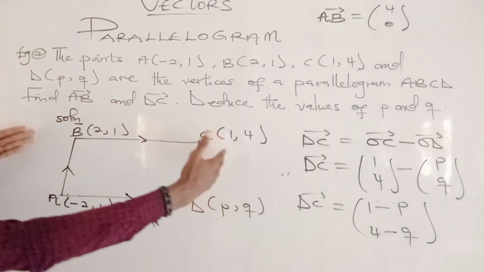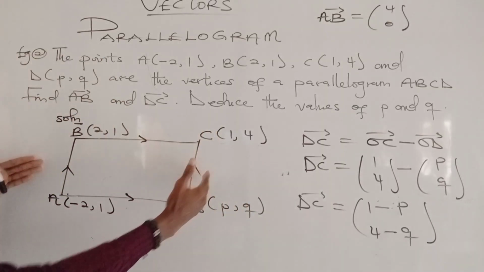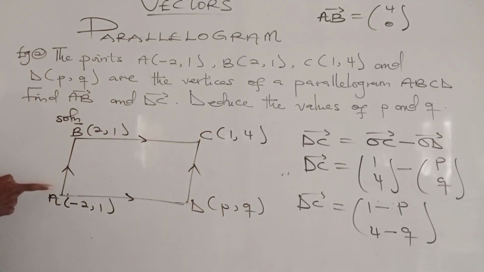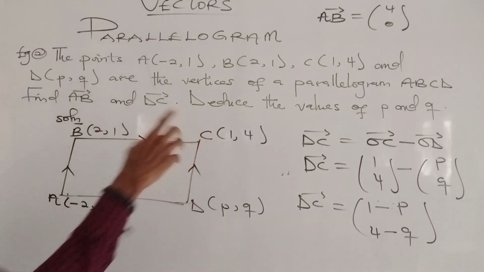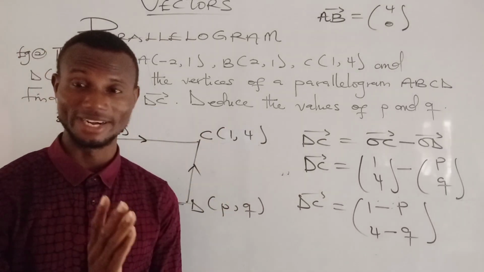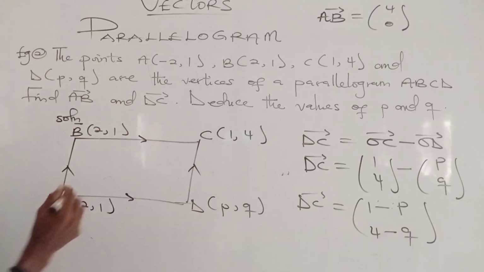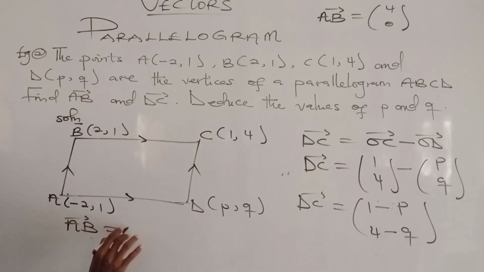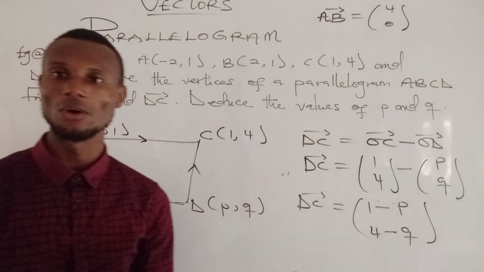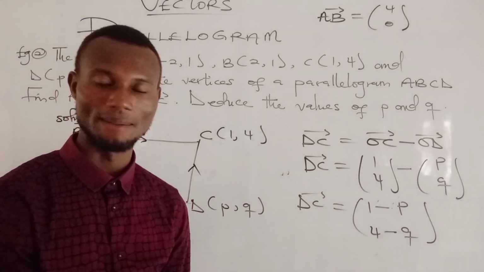So we are going to make use of them to find the values of P and Q. Why? Because when we come to the diagram on the board, we can say that the vector AB is equal to vector DC. I hope you can agree with me on that. So I'll have that my vector AB is equal to vector DC. This is the vector law that governs a parallelogram.